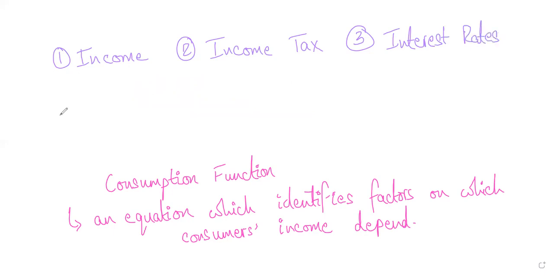But then we said that we will divide all these factors that affect consumption into 2 categories so that we can differentiate between autonomous consumption and induced consumption. So what we're doing here is dividing consumption into 2 components, autonomous consumption and induced consumption.